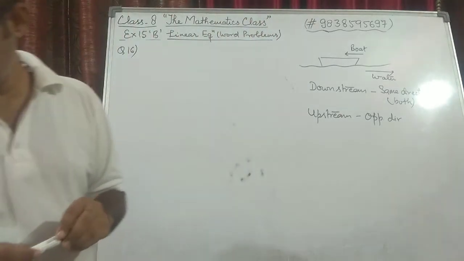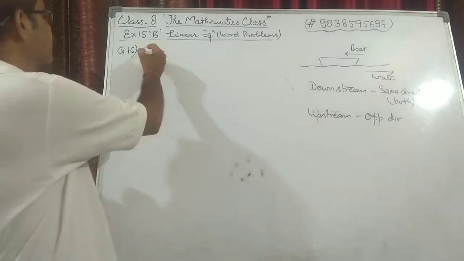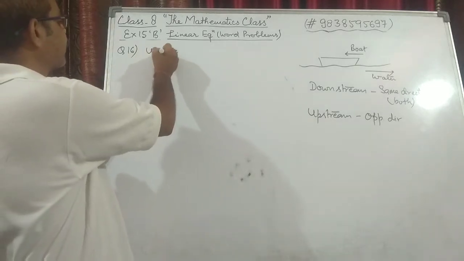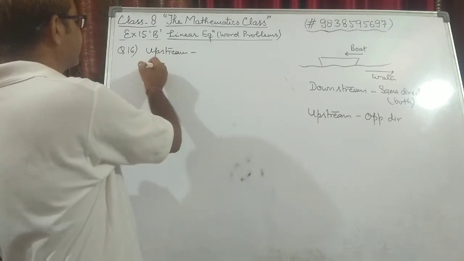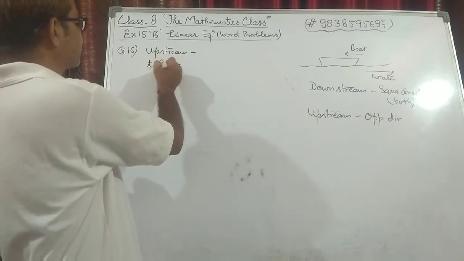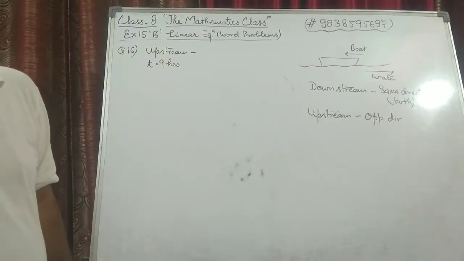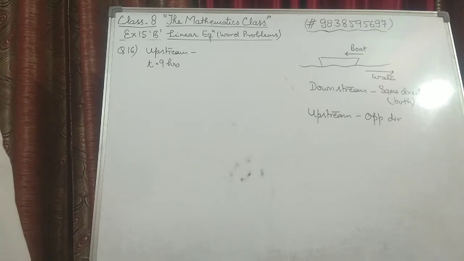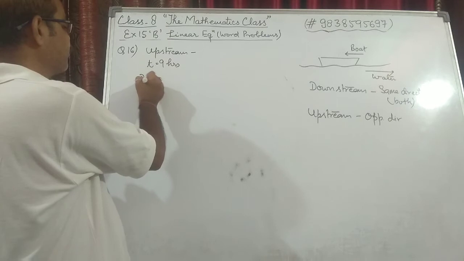Now I'll read out the question. A boat takes 9 hours to travel a distance upstream. Upstream the boat is traveling. Time is given, 9 hours, and it takes 3 hours to travel the same distance downstream. Now you can see it is given downstream.